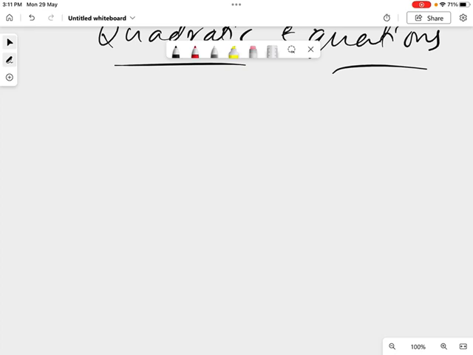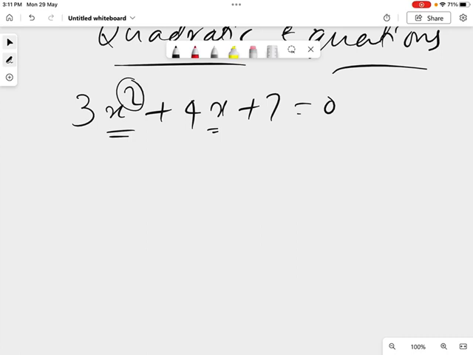A quadratic equation means an equation with one variable in which the highest power of the variable is 2. For example, 3x square plus 4x plus 7 is equal to 0. This is a quadratic equation. The equation contains one variable, that is x, and its highest power is 2. So this is a quadratic equation.